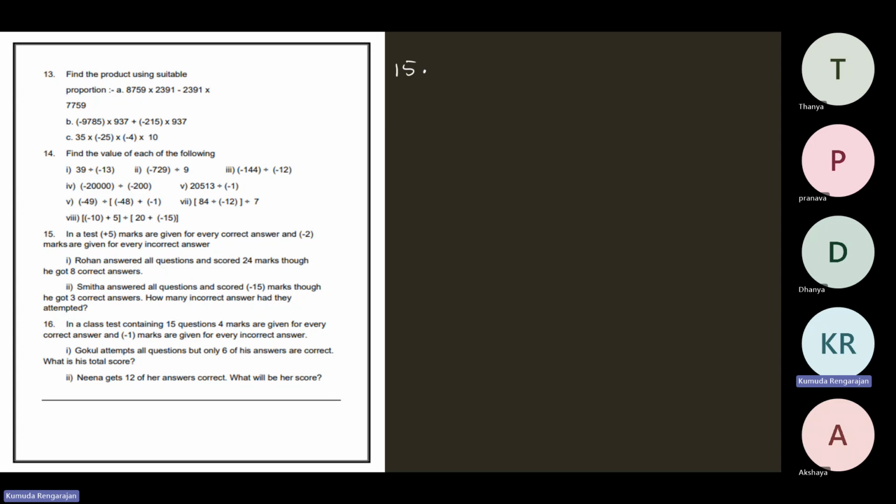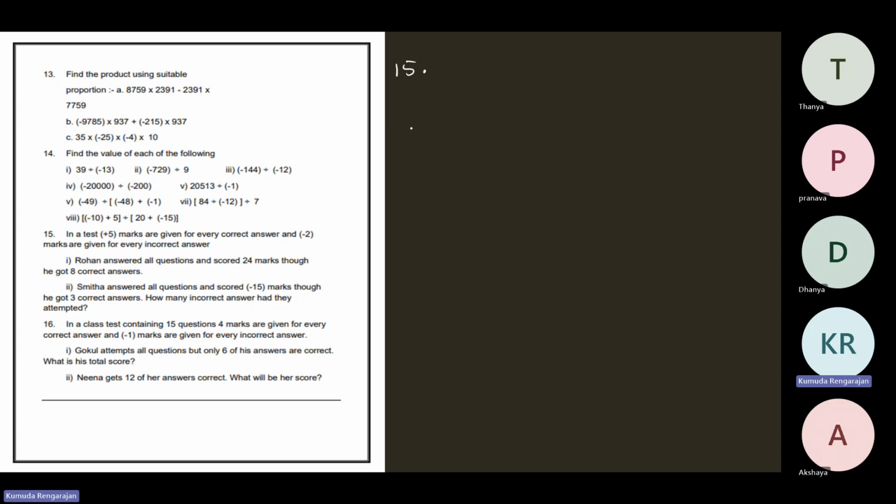How many questions were answered correctly? How many questions were answered incorrectly? You need to know both. Only then can you find the total score.